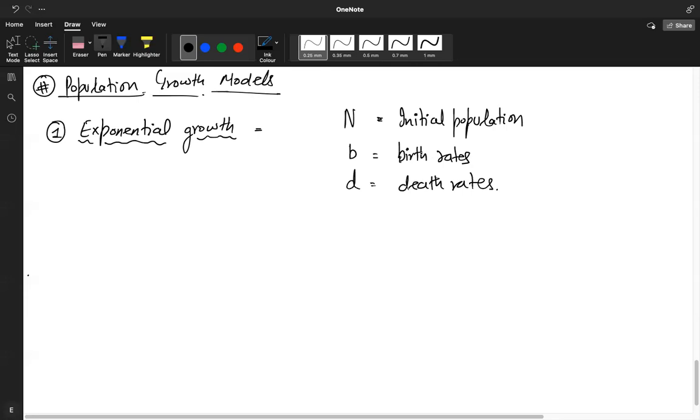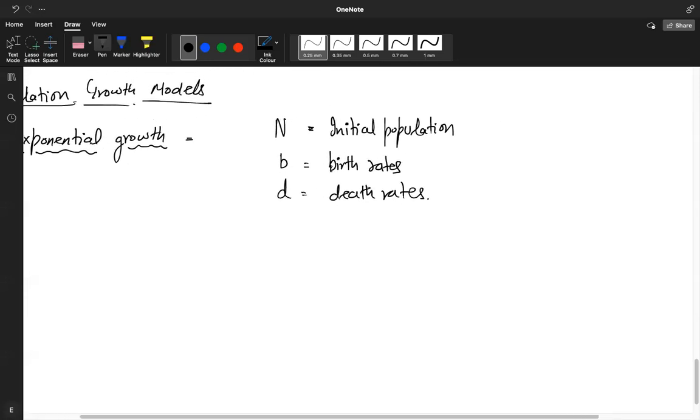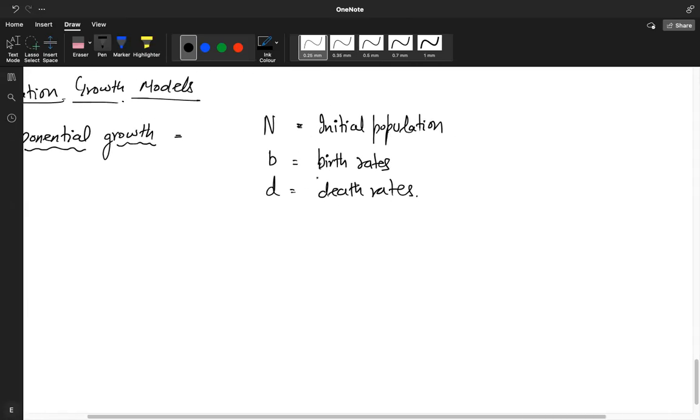But there is one thing here. In growth models, it's not the absolute rate, because the number of population can be very, very high, let's say if you're talking about bacterial population. So when we make models, we make a model which fits any number, whether the population is low or high.